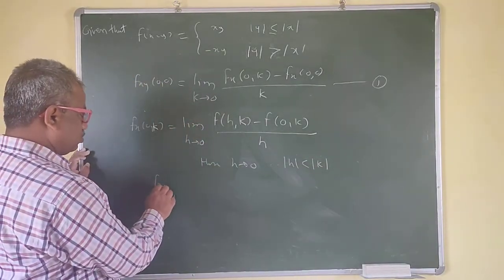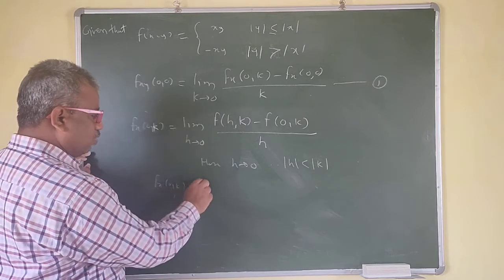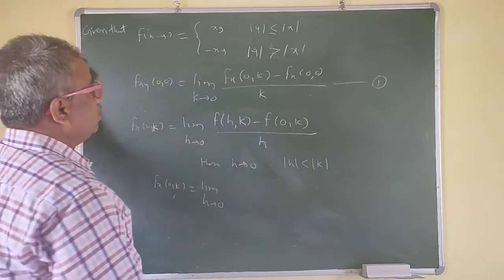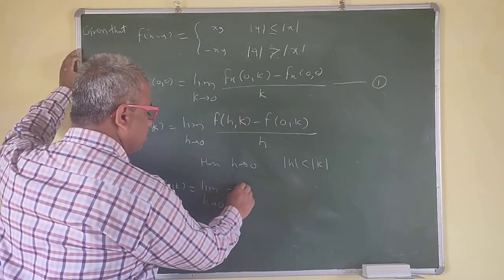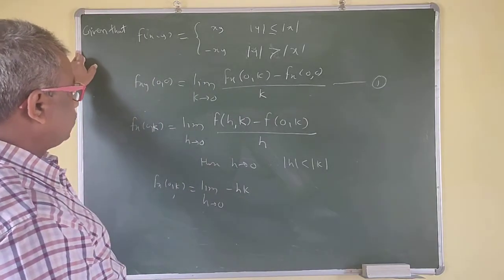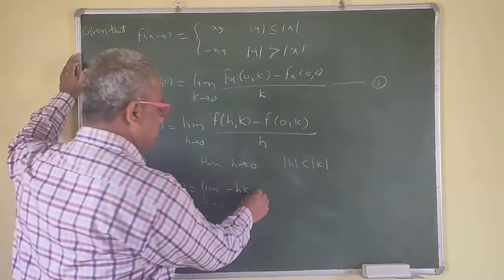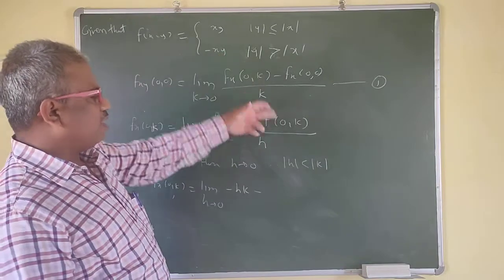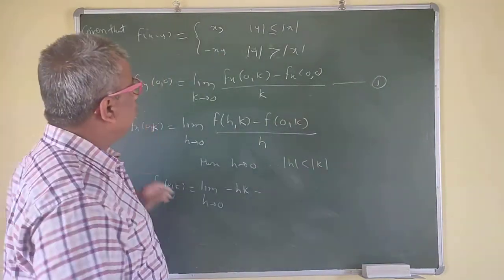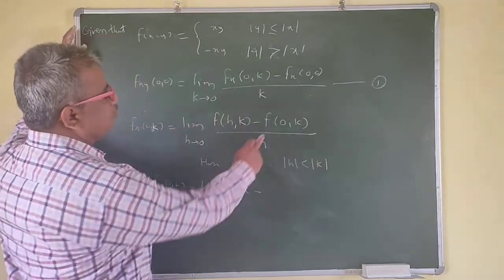So f_x(0,k) is equal to limit as h tends to 0 of minus hk, minus, now this is a product, so you have to apply minus hk also, but it is 0.